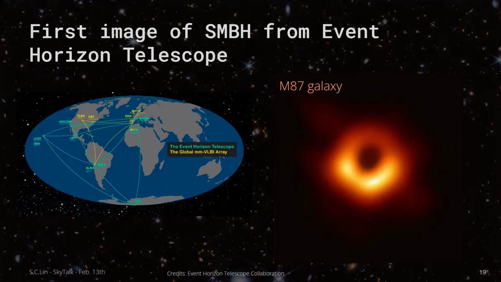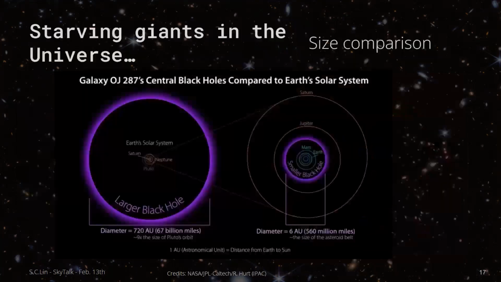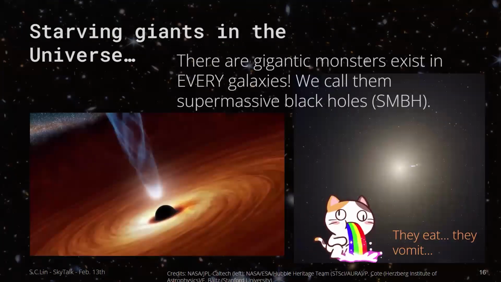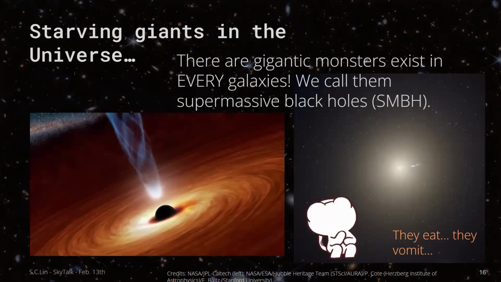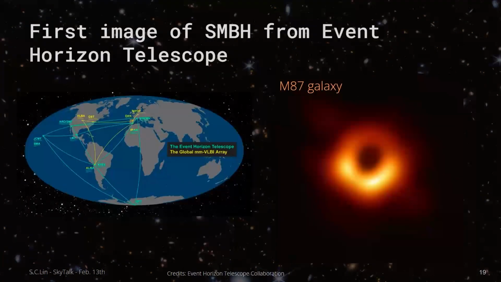This is the very first direct image of a supermassive black hole. For a stellar mass black hole, unfortunately, it's way too small for us to actually see. But this is the black hole that you've seen in this galaxy. That's the same black hole ejecting the materials, creating these outflows. And we took the very first picture of that black hole as you've seen from here. It's basically just a glowing donut.